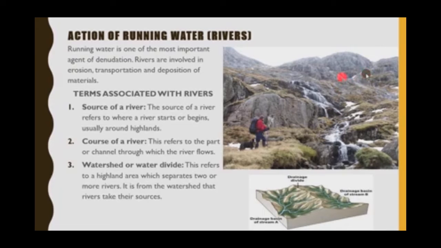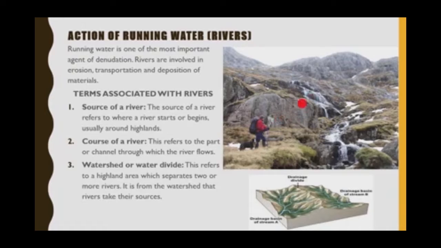Like you can see in this picture here, you can see the water rushing down from this part of these highland areas. Okay. Then 2, course of a river. The course of a river refers to the path or channel through which the river flows. 3, watershed or water divide.